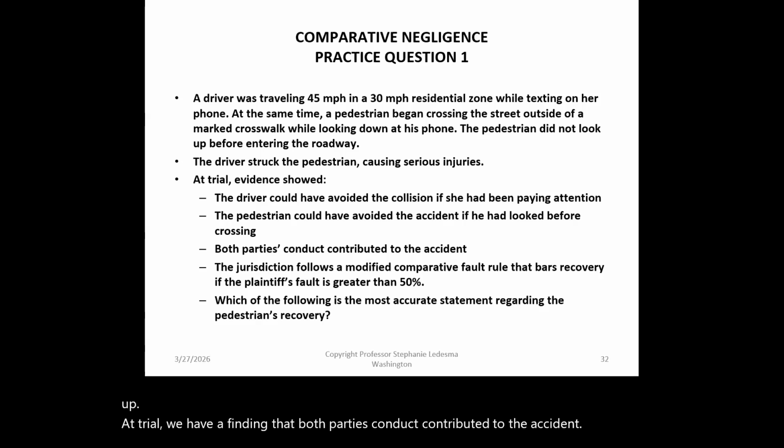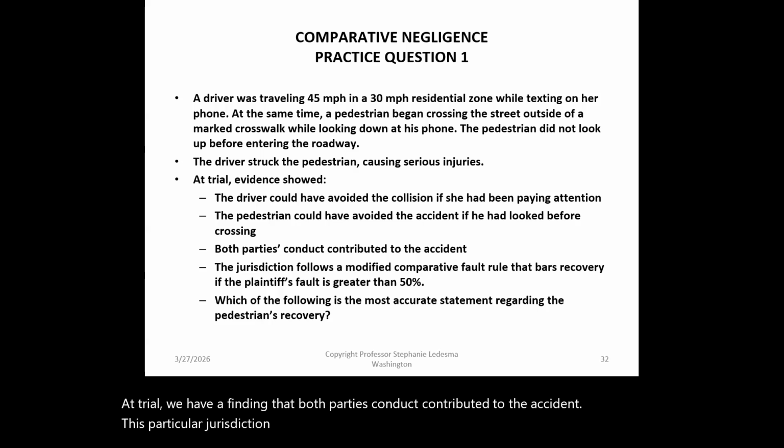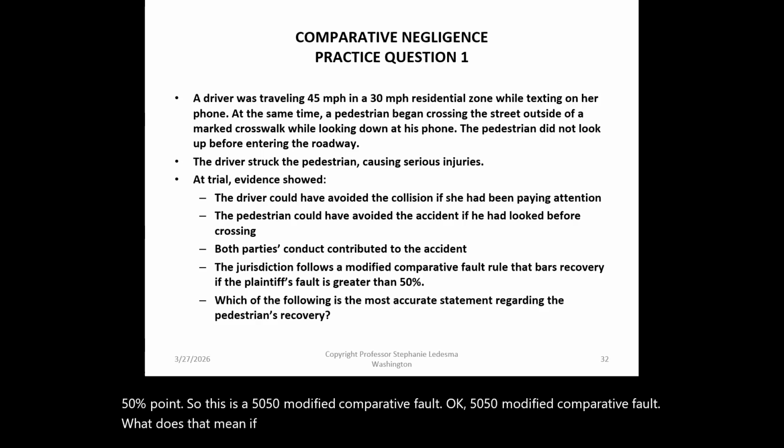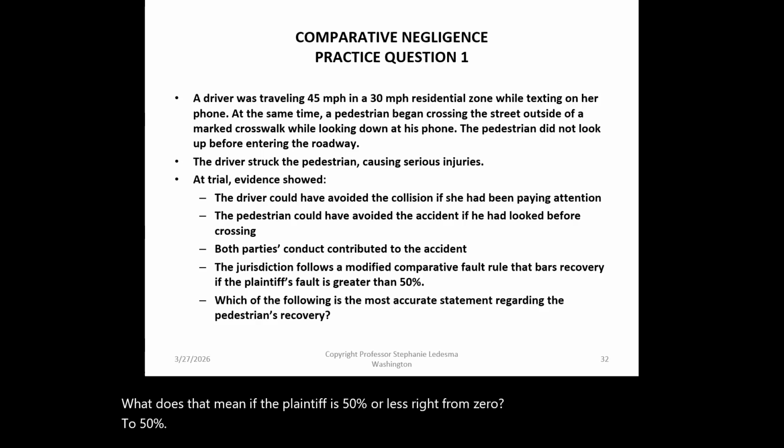This particular jurisdiction follows a modified comparative fault rule that bars recovery at the 50% point. So this is a 50-50 modified comparative fault, okay? What does that mean? If the plaintiff's contribution is 50% or more, then the plaintiff will be barred.